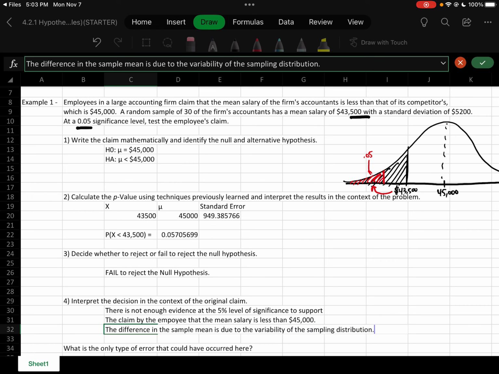So that's what we say. We can say either of these things. There's not enough evidence to support the claim. And what that really means is that the difference between the sample mean that I just got, 43,500, and the population mean is just due to regular variability.